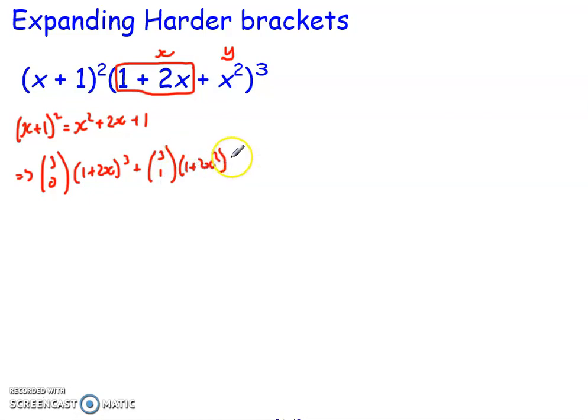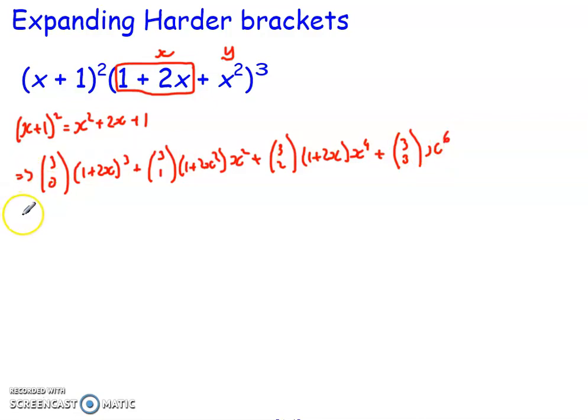Then multiply that by the x squared itself. I then get plus 3C2 times the 1 plus 2x times the x squared squared, so that's then x to the power of 4. I then get plus 3C3 times x to the power of 2 cubed, so then times x to the power of 6.